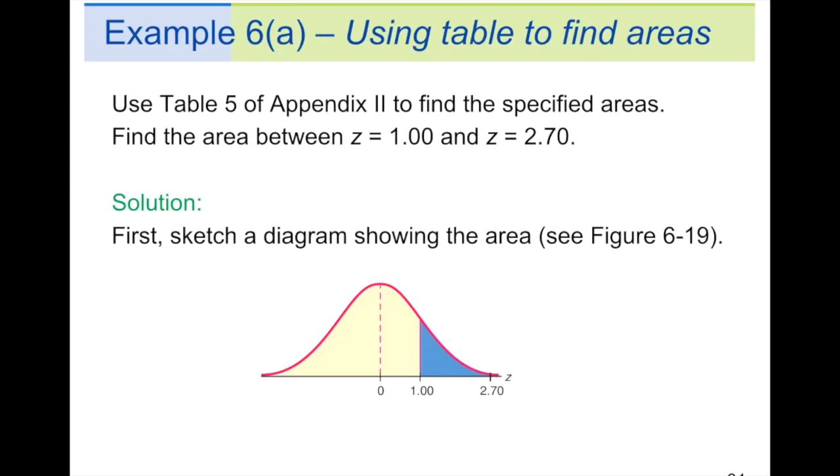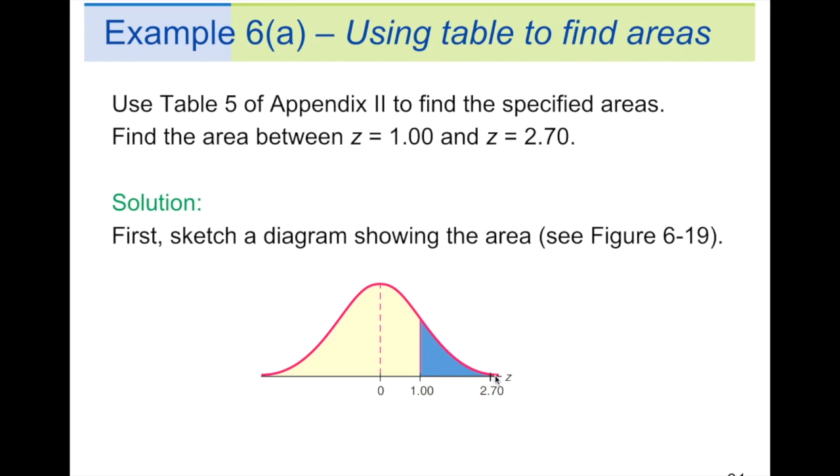Use Table 5 of Appendix 2 to find specified areas. Find the area between z equals 1 and z equals 2.7. So this one is between two values. So sketch the diagram, making what we want in blue. It's not possible to see here, but this part is not in blue right here.